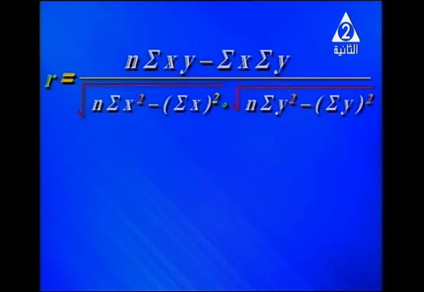What is the Pearson correlation coefficient between x and y? R equals a fraction: its numerator is n times sum xy minus the product of sum x and sum y, over the square root of n sum x squared minus sum x all to the power 2, times the square root of n sum y squared minus sum y all to the power 2.